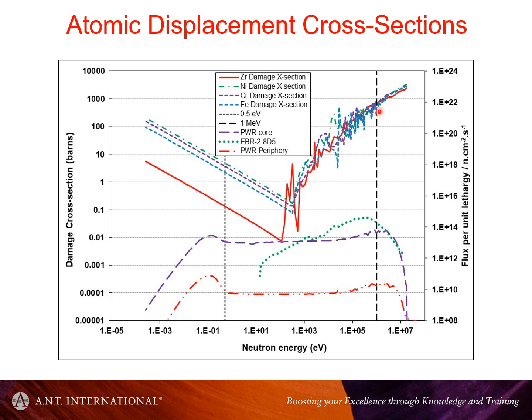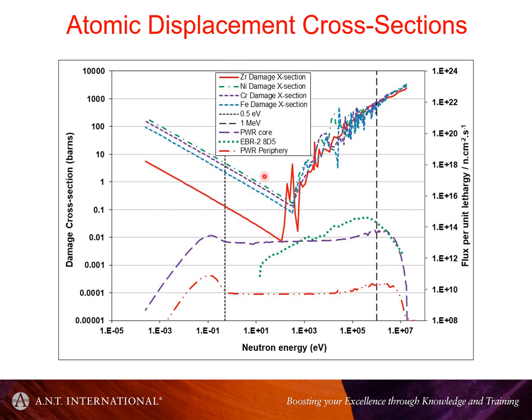There may be some energy lost when the neutron collides with the atoms. But at high energies, we get a lot of displacements, a lot of damage produced by direct collision events.